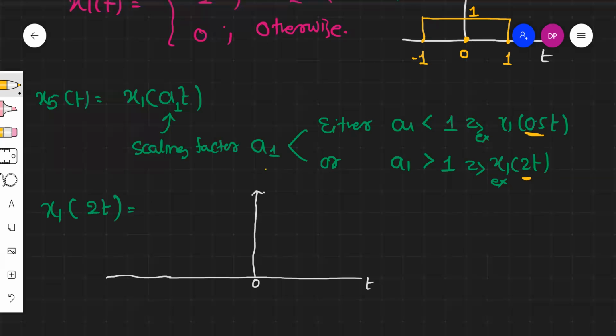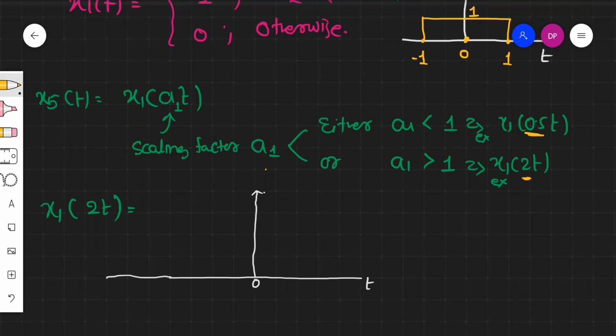What will be x1 of 2t? Here in the first signal x1 of t, t lies between -1 to 1, right? So what will be x1 of 2t? -2 to 2. So here t is replaced by 2t.